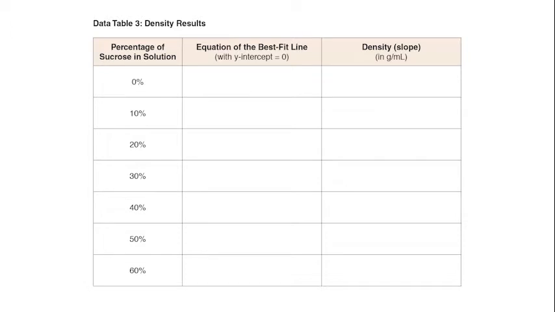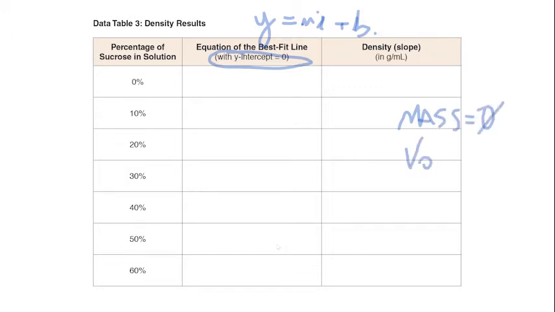So here are the results you'll get. Once you've plotted all those lines, you'll get a line with y equals mx plus b. And remember, last week we did the y-intercept equals 0 trick. That's why we did that, because we want the y-intercept to be 0 for these experiments. Because if the mass is 0, then the volume is also 0.